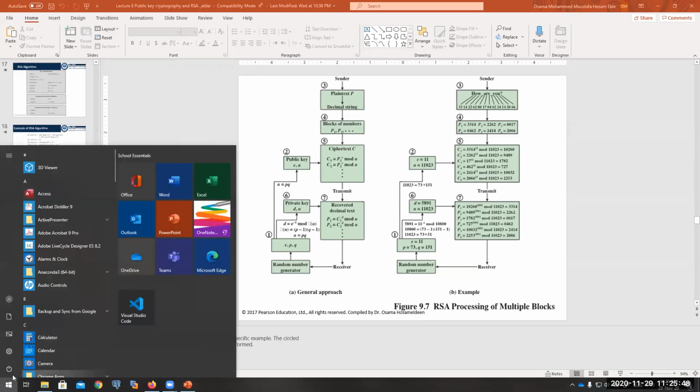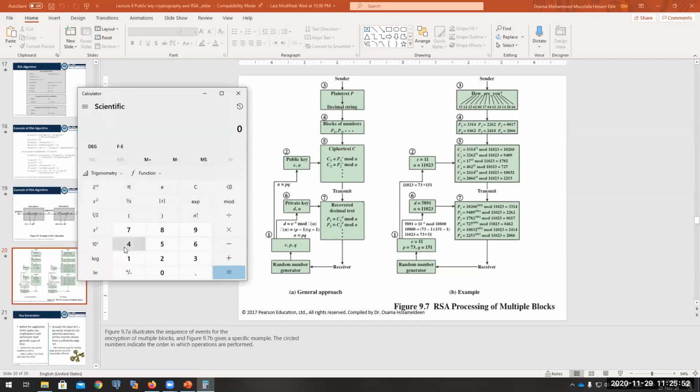Now we can use the calculator to calculate 72 multiplied by 150. This is 10,800. Okay, but this should be why he calculated 73 multiplied by 51.